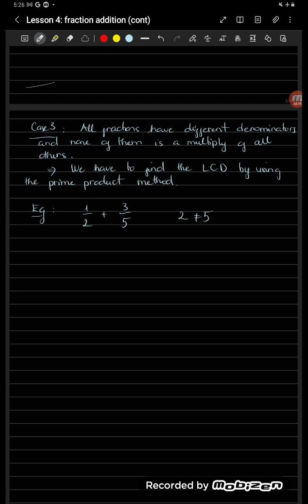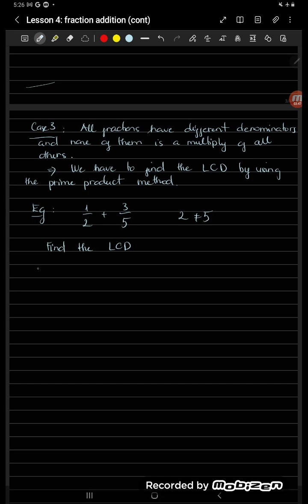So we have to find the least common denominator. How can we find it? We use the prime product method.